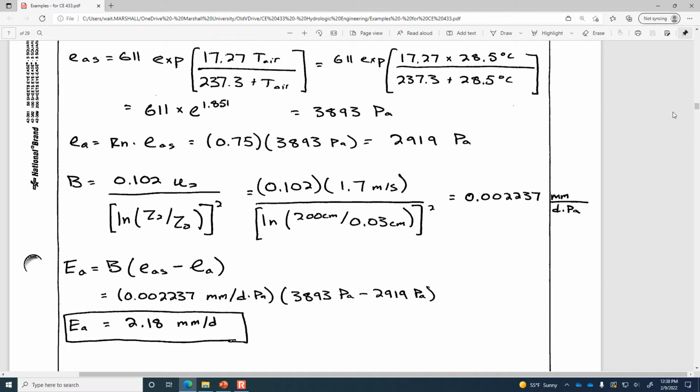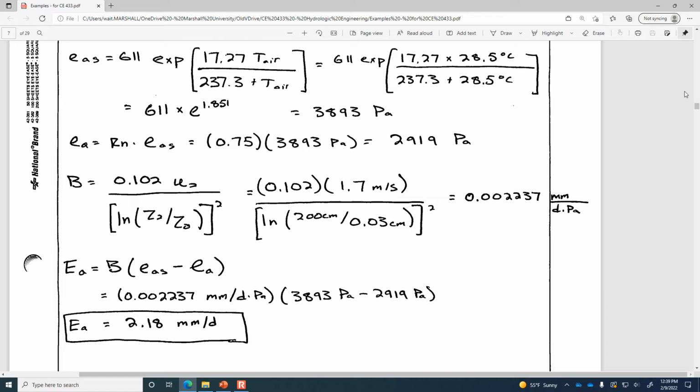Now, remember the energy method had earlier said that there would be 6.54. So E sub R said 6.54 millimeters per day, whereas the aerodynamic method, E sub A, is saying that there will only be 2.18 millimeters per day.